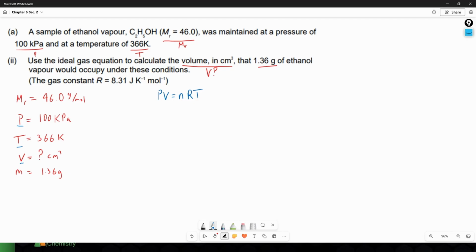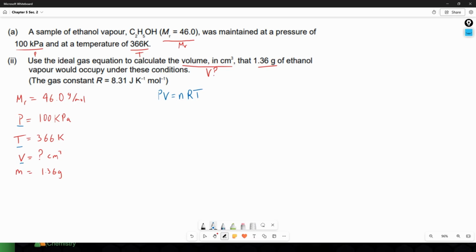Now we have two options here. We can either reform this equation using the equation for molar mass, and then recreate a new equation that we can use. Or we can use the molar mass and the mass, the amount, in order to calculate n and then plug it into this equation. I'm going to do the first one.